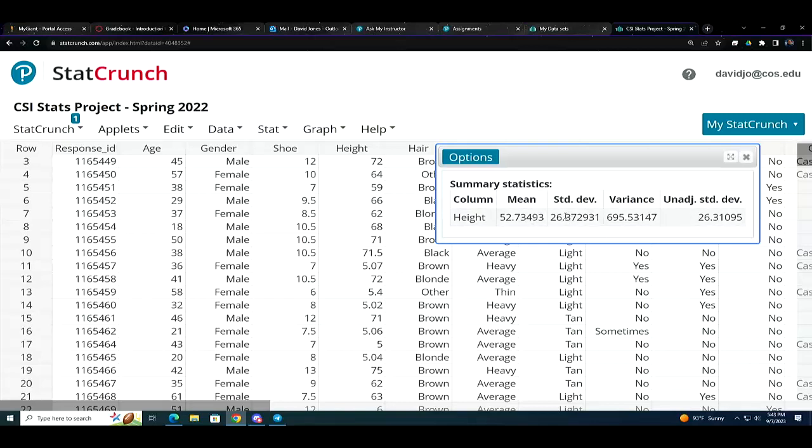This seems like a big red flag to me. People don't deviate by so much that we would call it over 2 feet. If I look at height in inches, every 12 inches is a foot. So 5 feet is 60 inches, 4 feet is 48 inches.